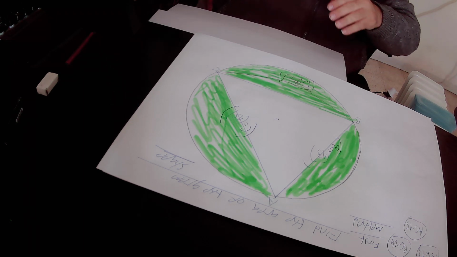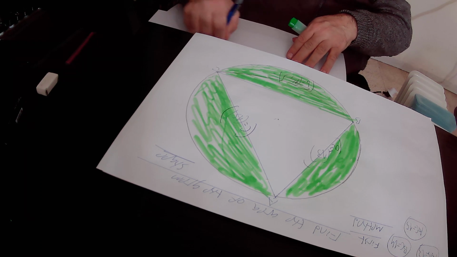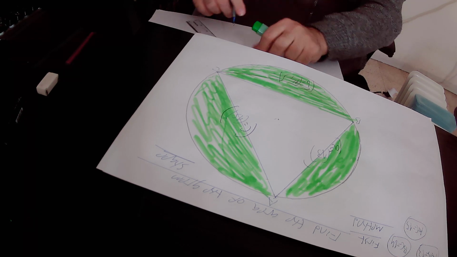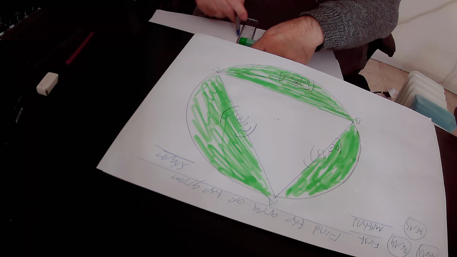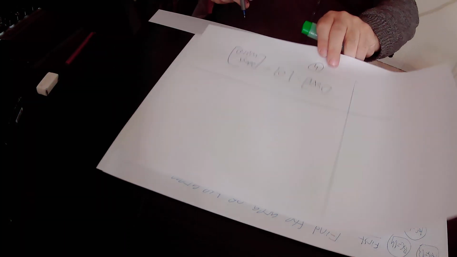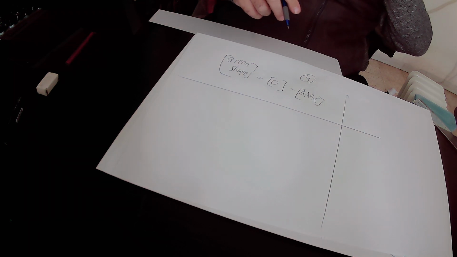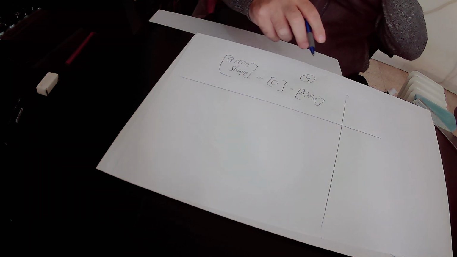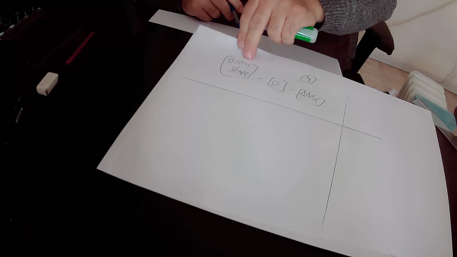Repeat again. The area of the green shape in total is equal to the area of the circle minus the area of triangle ABC.